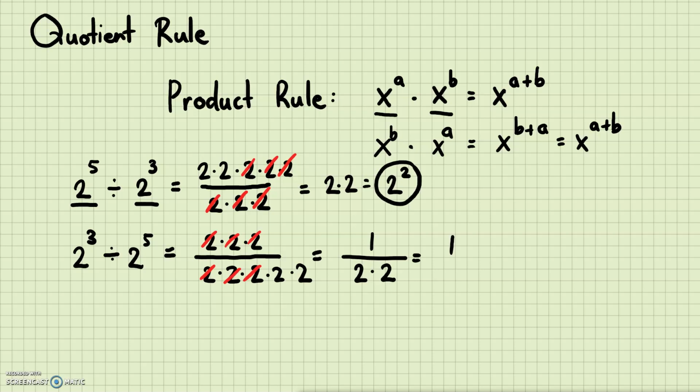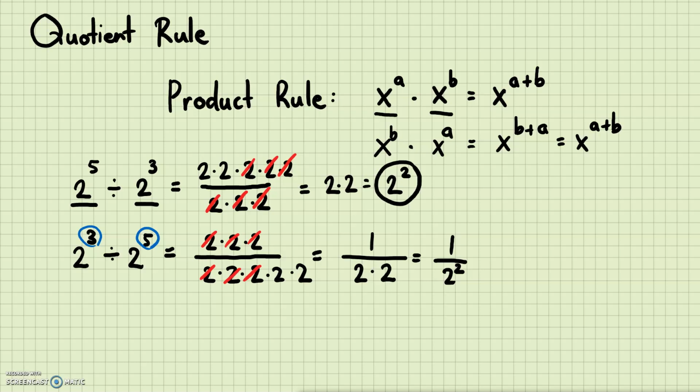And that is going to equal 1 over 2 squared. So we got the same number, but this time it was in the denominator. So whenever we have a smaller exponent minus a bigger exponent, our answer is going to be 1 over the subtraction of those exponents.